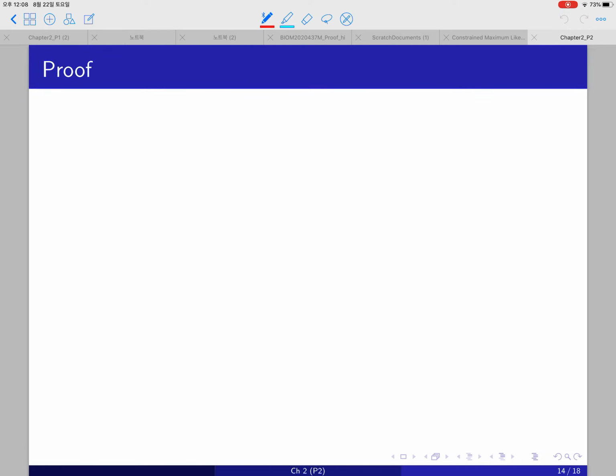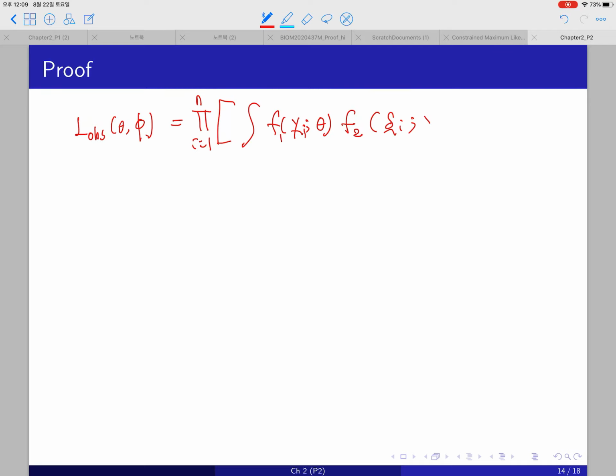Okay, so the proof is simple. Note that the observed likelihood of theta and phi is the integral of f1 of y given theta times f2 of delta given y and phi, integrated over dy i miss.